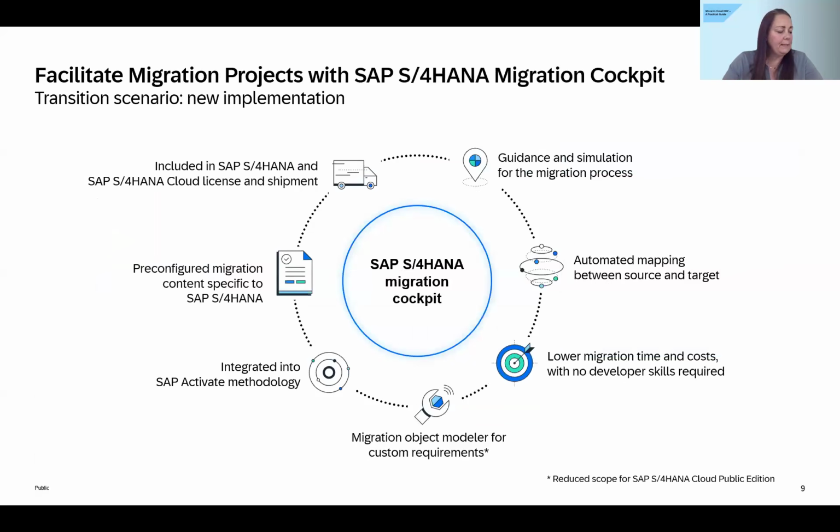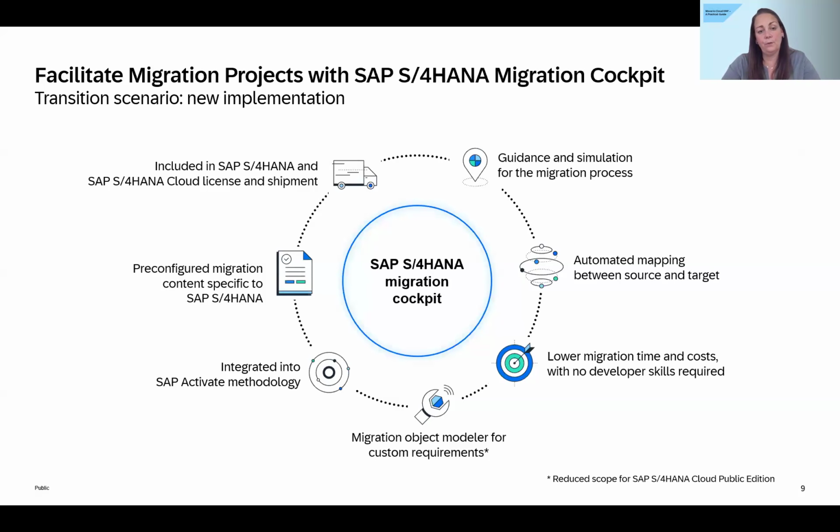Good. If you have planned everything, then you can have a look at the tool. The tool of choice to go into the public cloud is the data migration executed with the SAP S/4HANA Migration Cockpit. Keep in mind, this is only available in the new implementation environment.